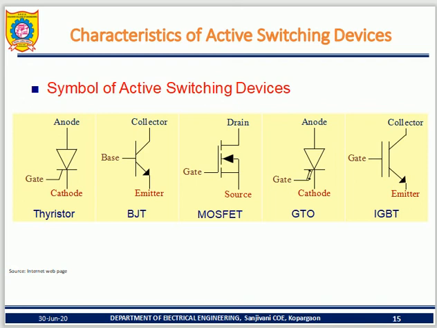Further, you can go deeper into that. Let's go deeper into power semiconductor devices. See the slides: the slide shows the semiconductor device thyristor. Thyristor, another name for which is SCR, silicon controlled rectifier. Another slide shows controlled-on, controlled-off devices: BJT, MOSFET, GTO and IGBT.